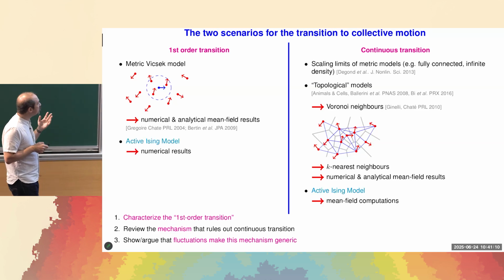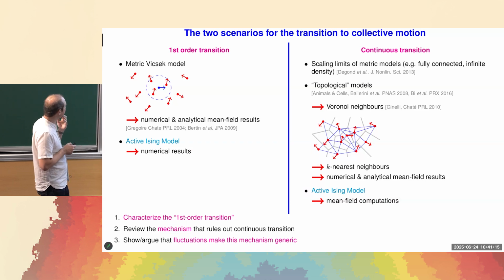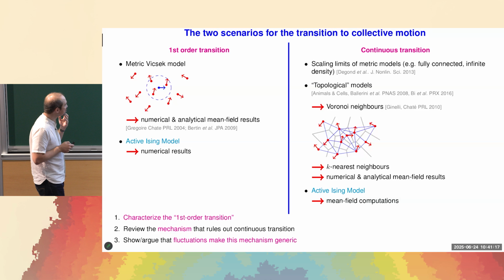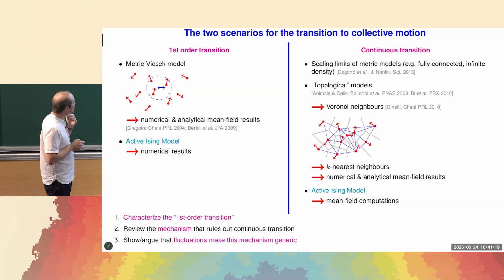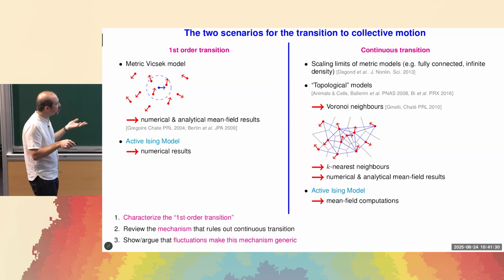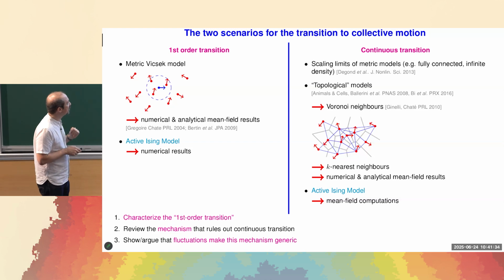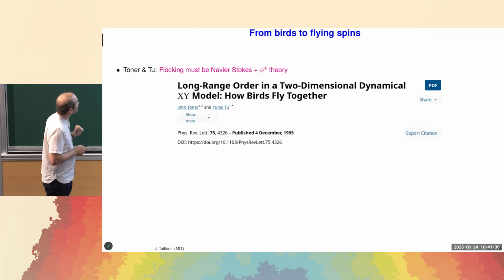To do that, I will use another model, which we introduced with Alex Solon in 2013, the active Ising model. It's a nice model because if you do numerics, it's very simple, and you see a first-order transition. If you do mean field analytics, it's very simple, and you get a continuous one. So clearly there is something wrong in this mean field computation. I will show that there is a fluctuation-induced first-order transition, so that mean field misses it, but you can patch it.